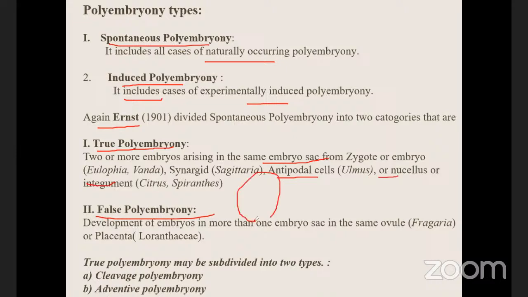If embryos are forming from the embryo sac cells, egg cell, synergid cells, antipodal cells, or from the nucellus, the diploid nutritious layer, or from the integument, forming the extra embryos, that is true polyembryony.